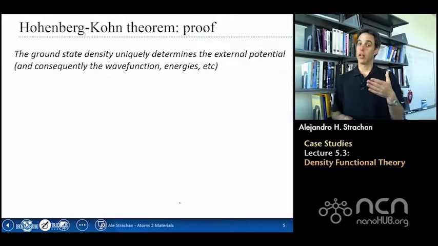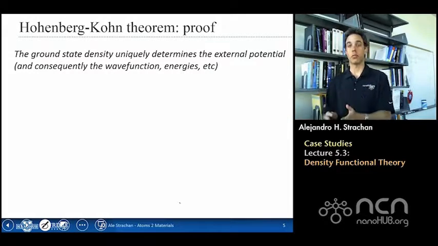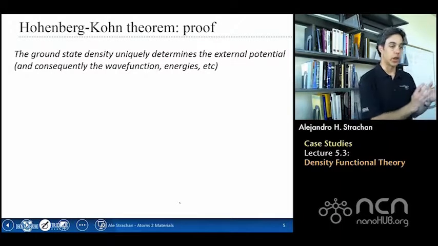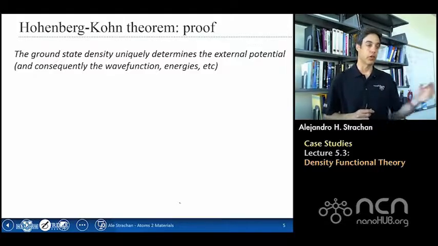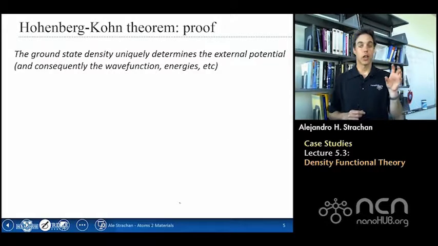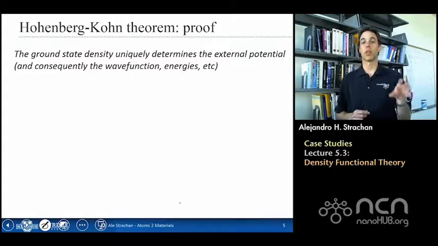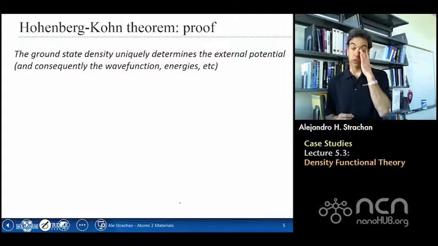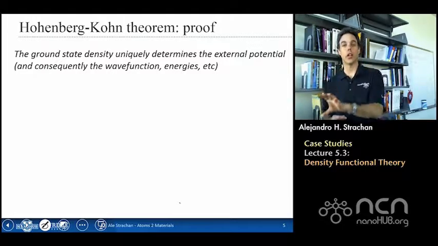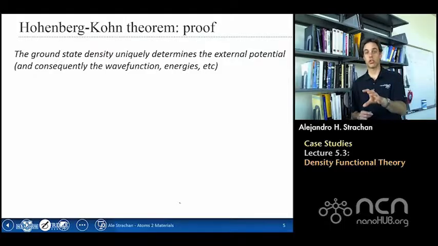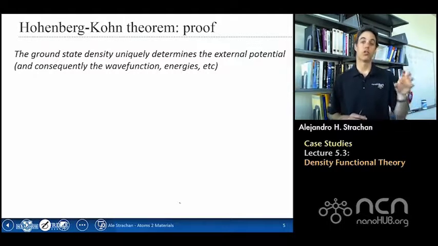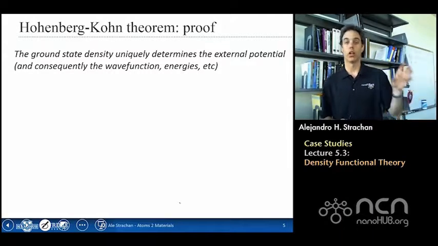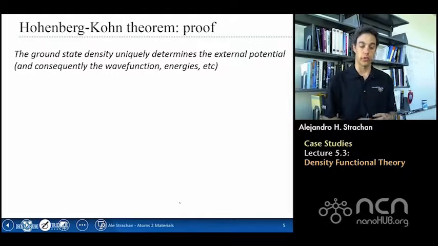And consequently, because from the external potential I can build my Hamiltonian, and I can solve the Schrödinger equation, and I can find the wave functions and all properties, the ground state electron density uniquely determines the ground state wave function and the ground state energy. So the ground state wave function is a functional of the electron density. The ground state energy is a functional of the electron density, which lives in 3D.